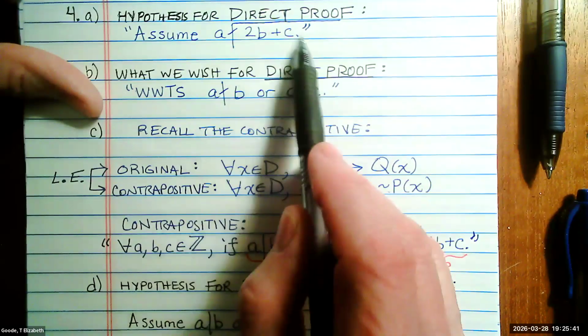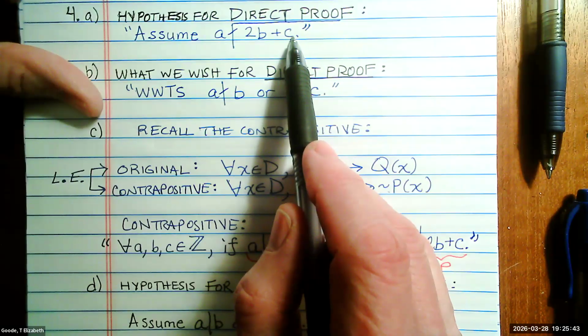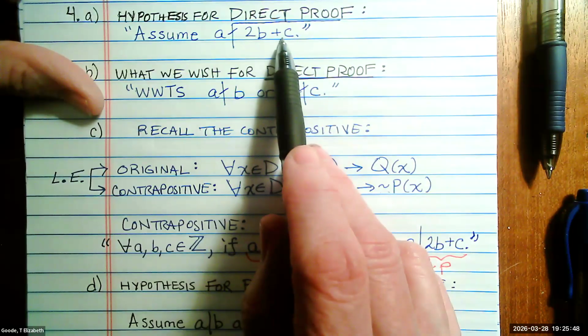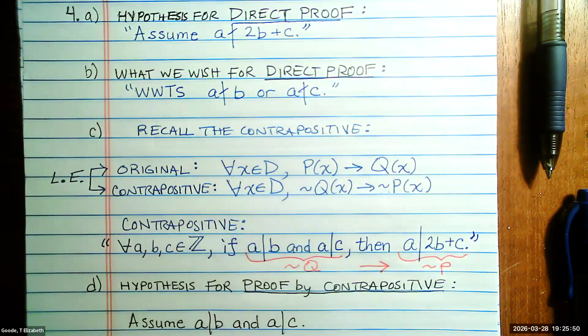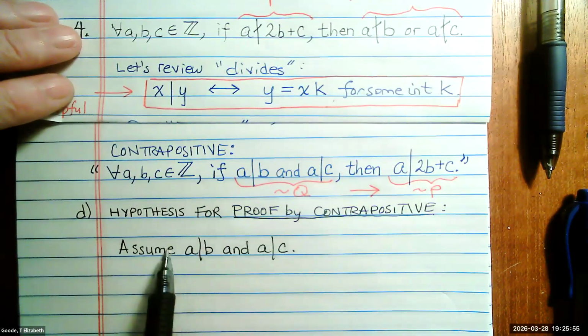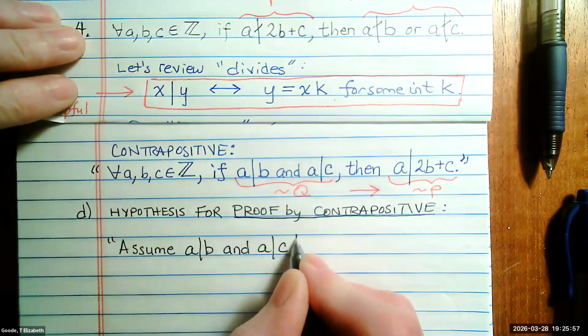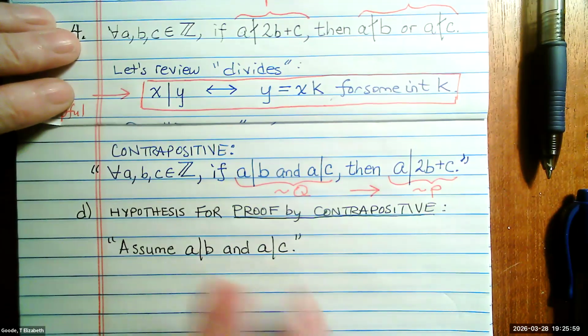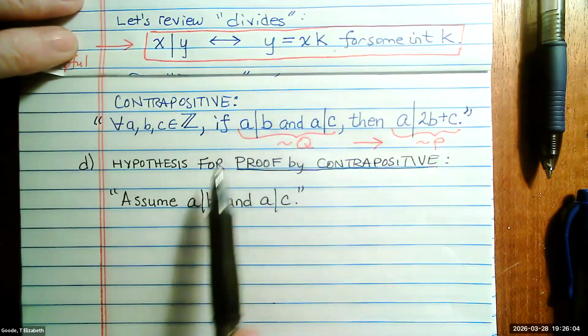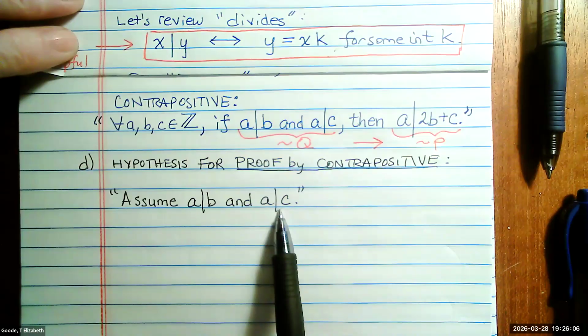That hypothesis would not give us any equations to work with. It just tells us there are a whole slew of equations we don't get to use. However, when we are looking at the hypothesis for proof by contrapositive, both of these are going to give us equations because we have divides now at our disposal. Does that make sense? Yes.